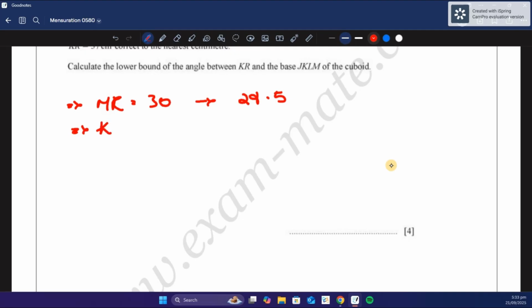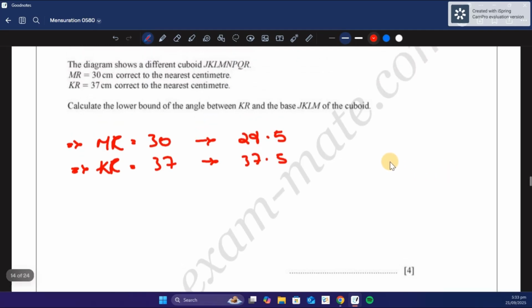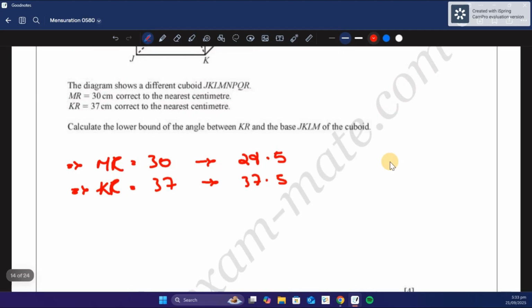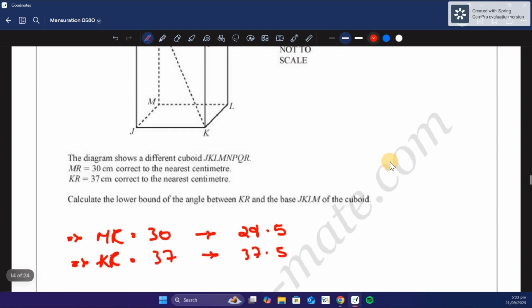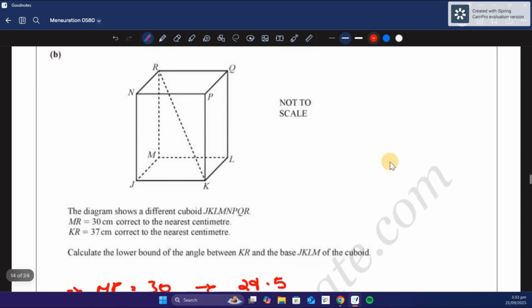We know that KR equals 37 and the upper bound is 37.5. Now we need to calculate the lower bound of the angle between KR and the base JKLM.